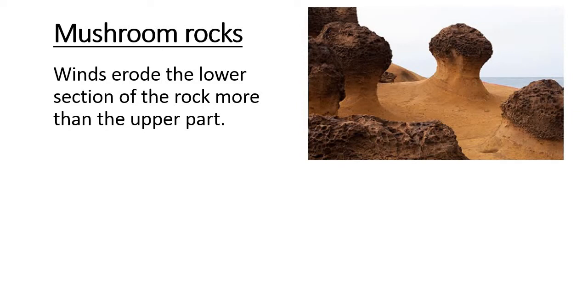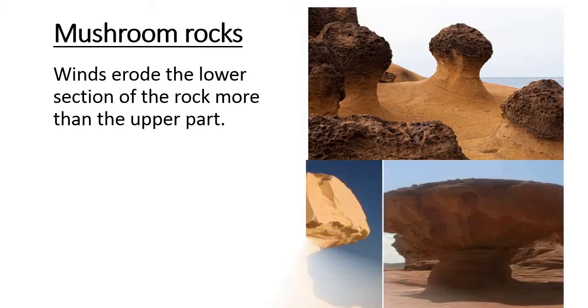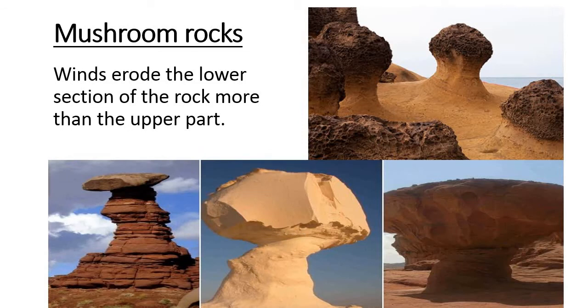This is the figure of a mushroom rock. If you see this landform, wind erodes the lower section of the rocks more than the upper part. In different regions, these mushroom rocks are formed.